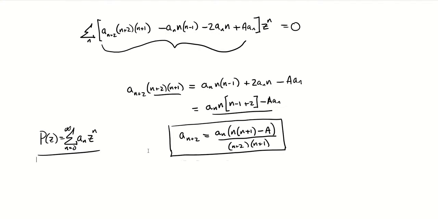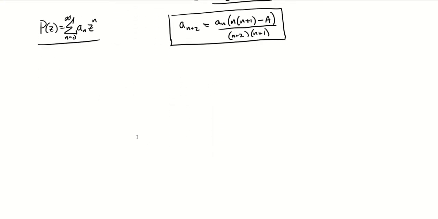We can look at this and split it up into even and odd terms. If we look at even n, the second constant, a sub 2, is just going to be a sub 0 times (0 plus 1 minus a) over 2, or negative a over 2 times a naught.